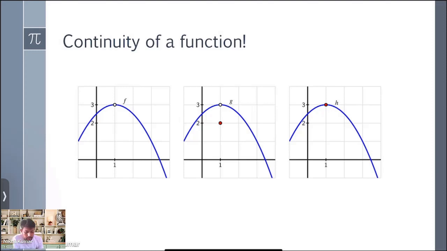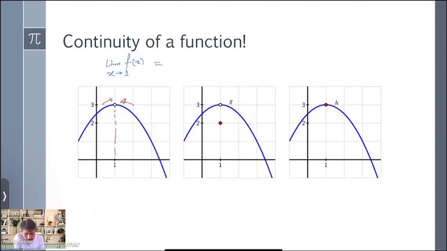Once again, if I ask you to find the limit of f of x as x tends to 1, can you tell me the limit? You try approaching this point from the left side and from the right side.